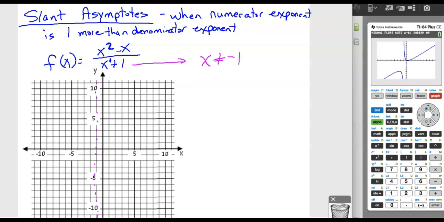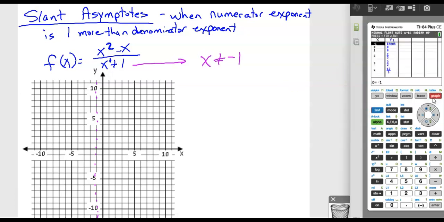But notice x can't equal -1. And once you start plugging in numbers that are close to -1, look at the table. At -2, it's down at -6. And then at -3, it's at -6 again, the same number.